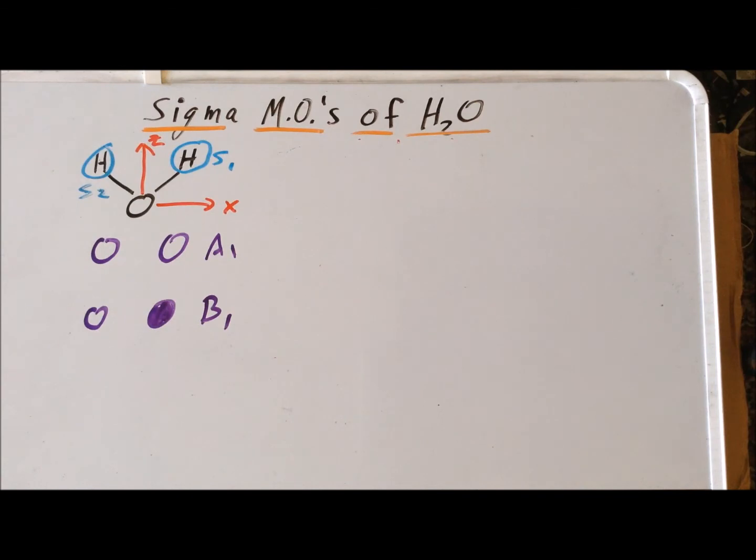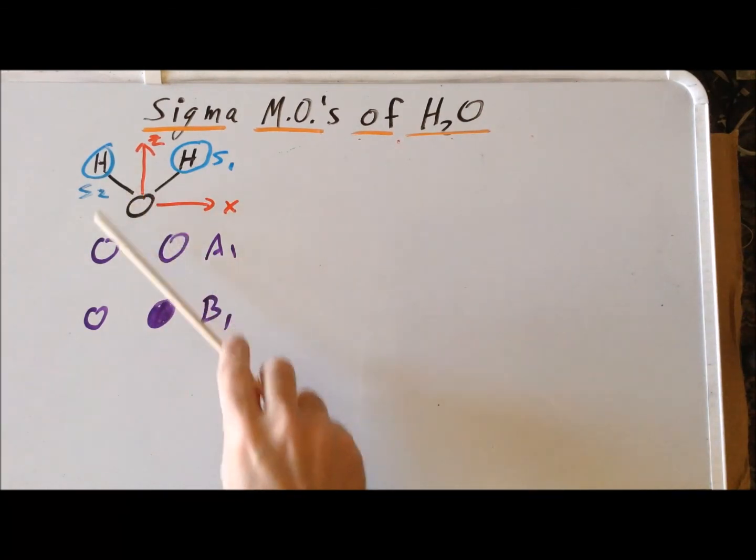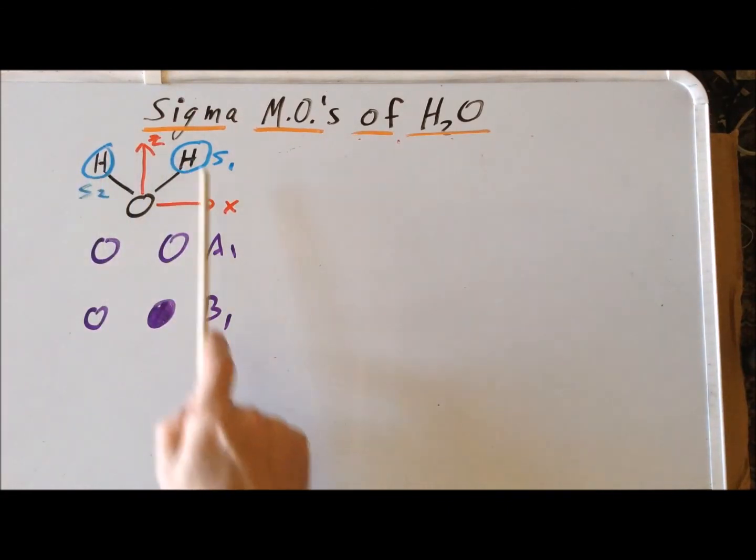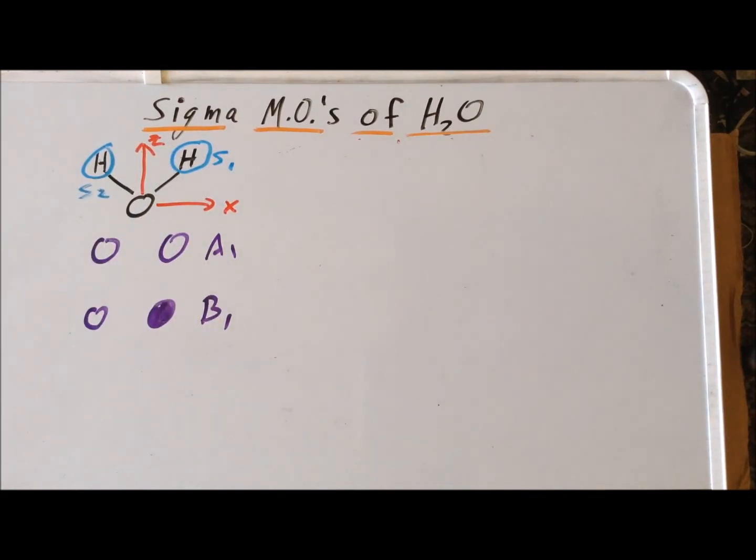We have therefore derived both of the linear combinations of the group orbitals of the 1s orbitals on the hydrogen atoms by group theory, and we saw that there's an A1 combination and a B1 combination. Our last step is to determine which atomic orbitals on the oxygen have proper symmetry to combine with the group orbitals on the hydrogen.